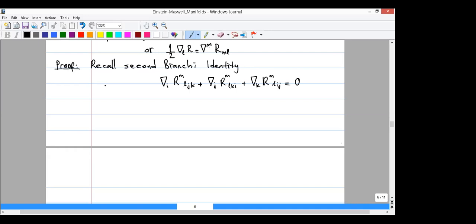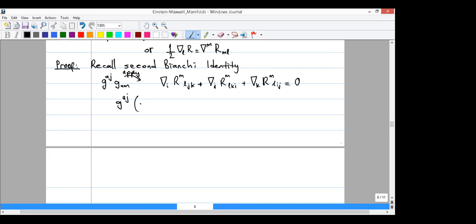Let's apply the inverse metric and metric here. Since we have metric compatibility, the covariant derivative operator is transparent to the metric.